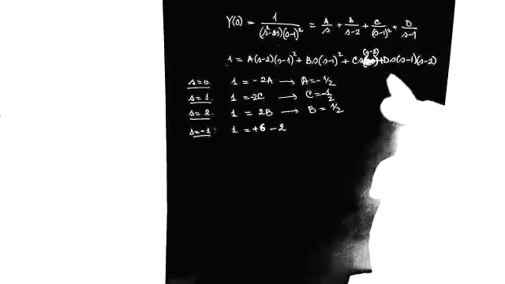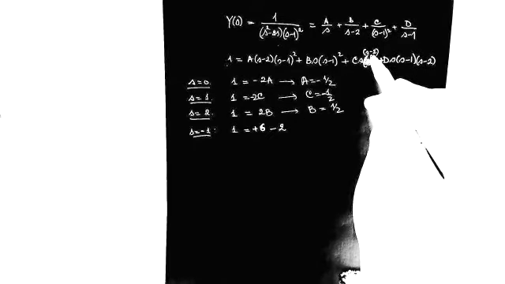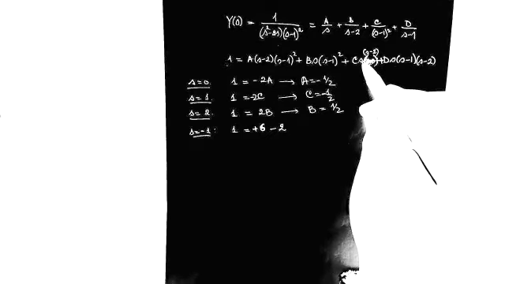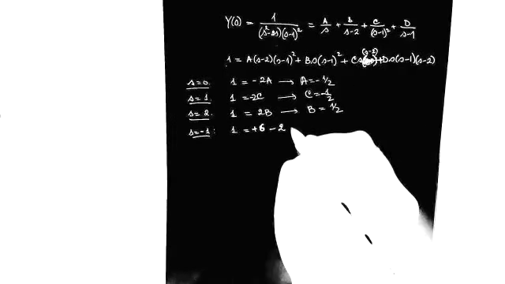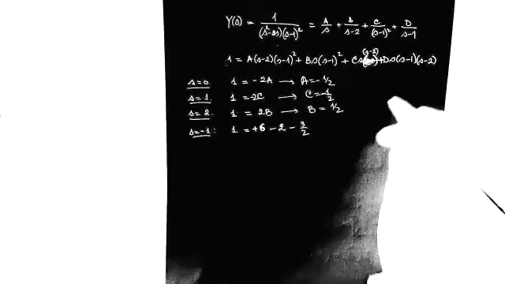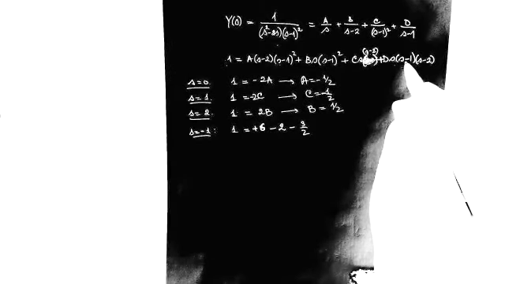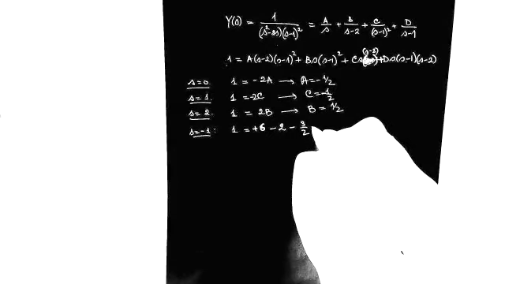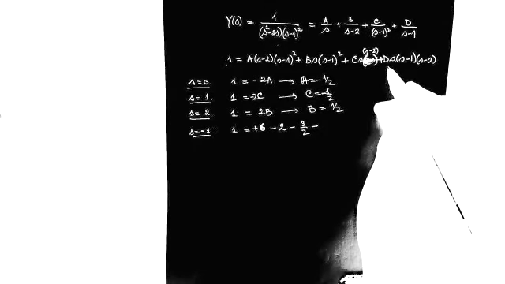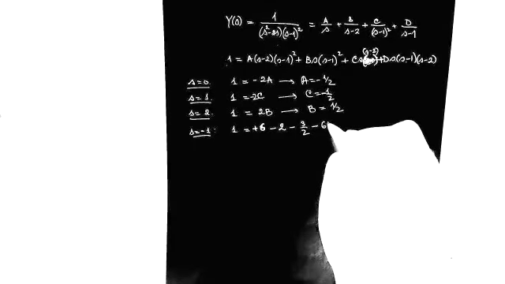And then you get C, s again -1, so that's -3, -3 times -1, so that is 3. Three times C, which is -1/2, so that's -3/2. And then -1 times -2, so that is 2 times -3. That's -6, and D, so -6D.